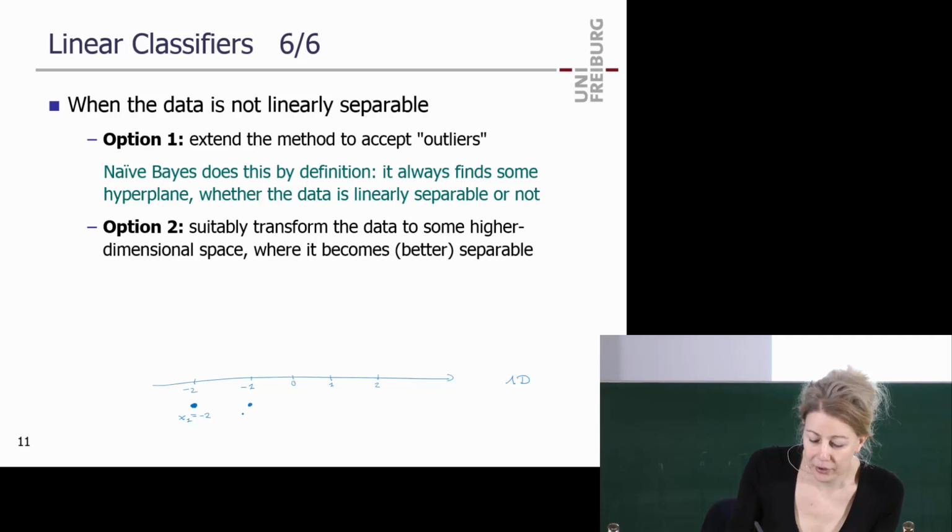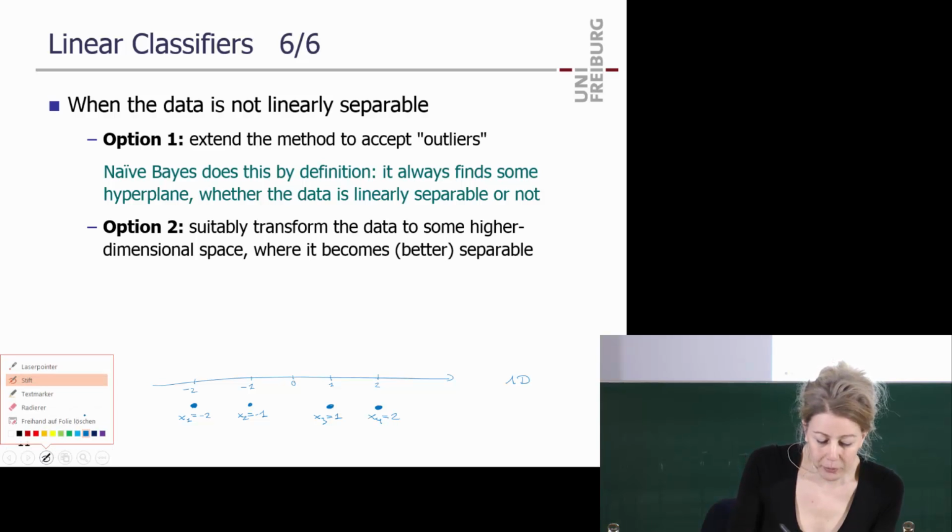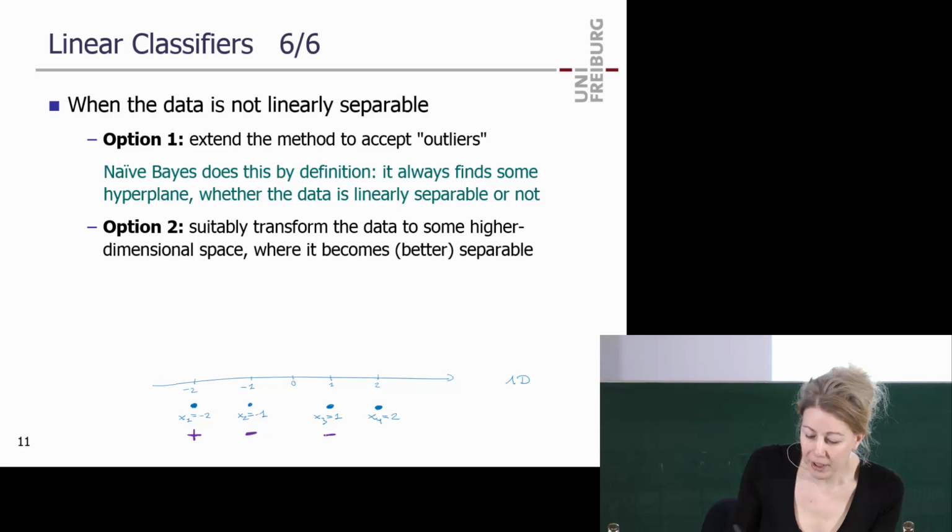Here I have a point x2, which is minus 1. Here a point x3, which is 1. And here a point x4, which is 2, right? Now let me assume that my class labels are: this is a plus, this is a minus, this is a minus, and this is a plus, right?